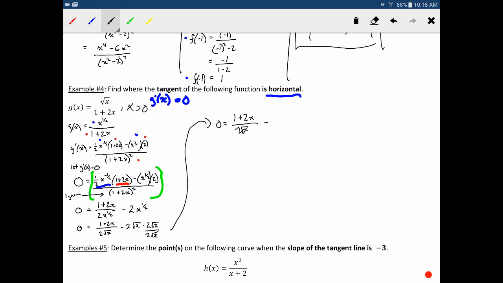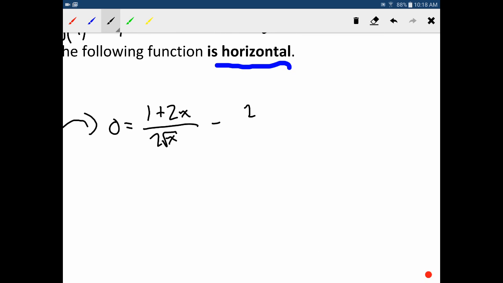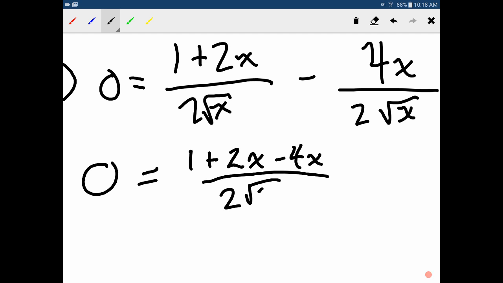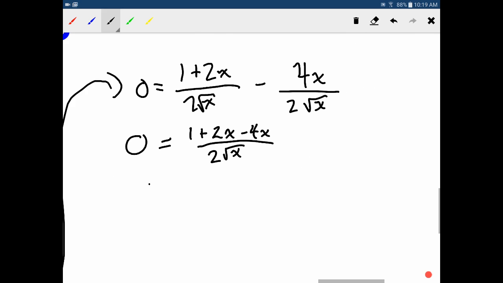You can see 2 root x times 2 root x is going to be 4x, so 4x over 2 root x. So now I can put this over one denominator. I can have 1 plus 2x minus 4x over 2 root x. So we get 0 equals 1 minus 2x over 2 root x.